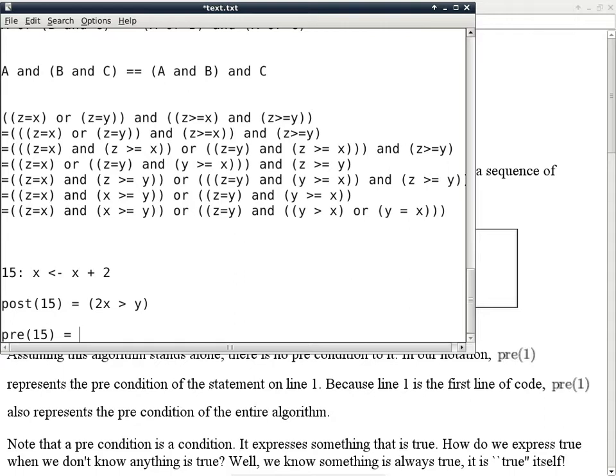In other words, do I have to give up everything and say, I don't know anything about x or y before line 15 executes? Or do you think that I can still say something about x and y before line 15? That's the question. What do you guys think?